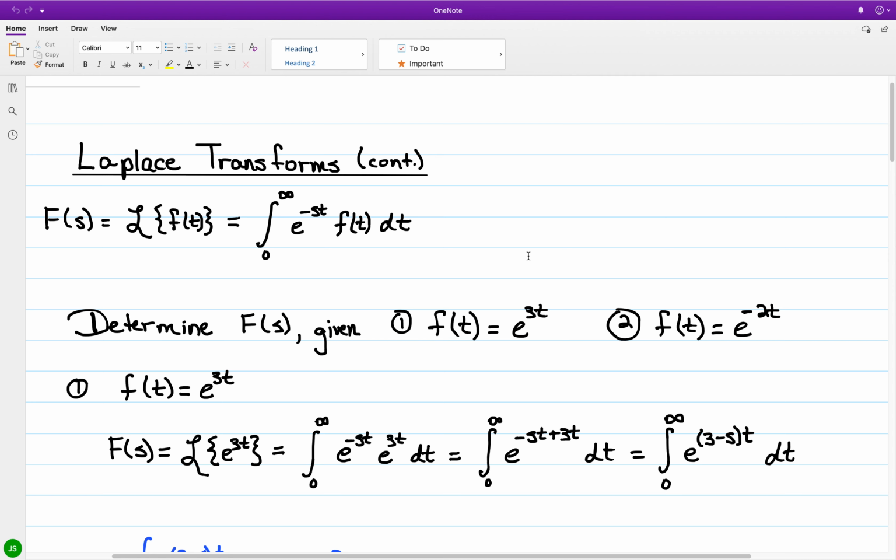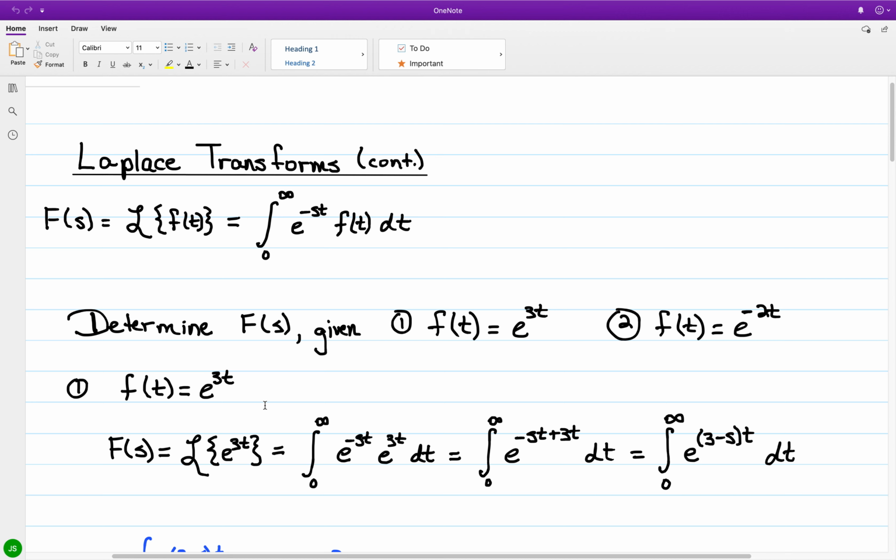And now, for this particular portion, I just wanted to mention how we had the formation of Laplace transforms originating from the terms that we have in the natural logarithmic exponential base e. Okay, so say we have determining the Laplace transforms of e to the 3t as well as e to the negative 2t.